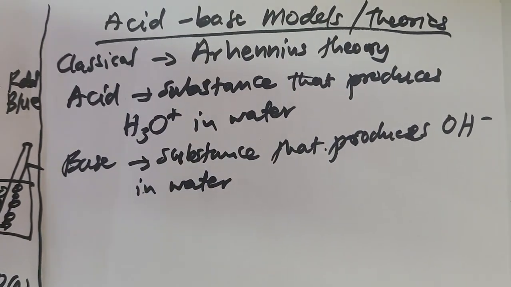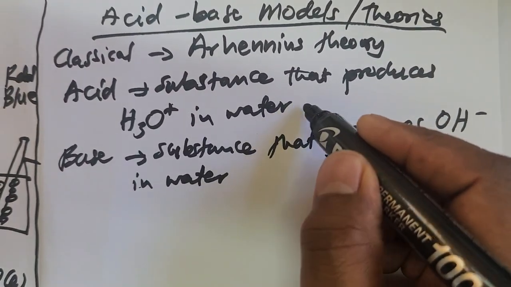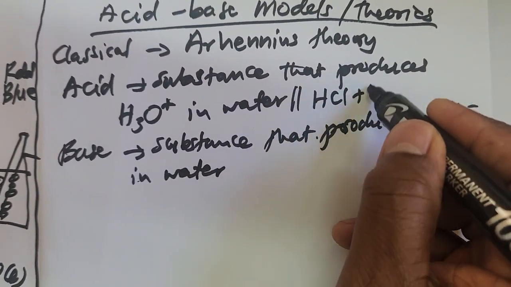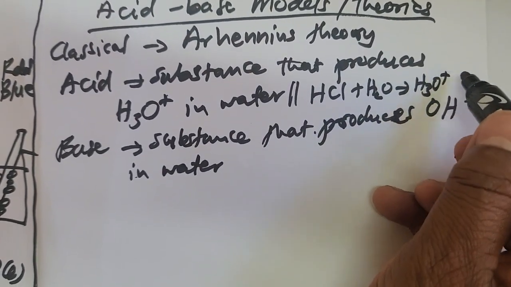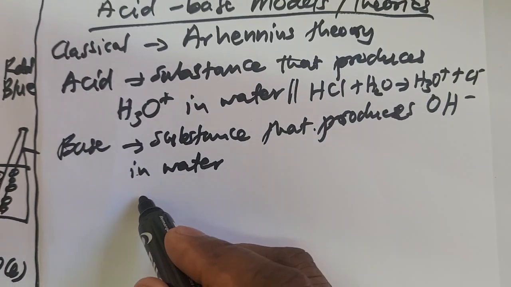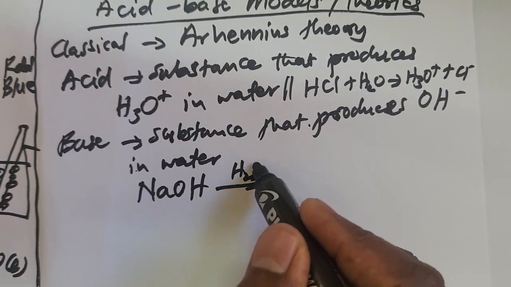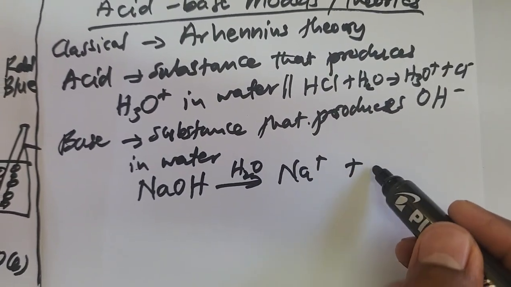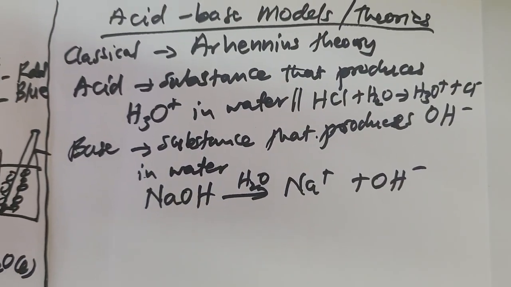Like in this case, HCl plus water forms hydronium ion plus Cl minus. I can also have sodium hydroxide: when it reacts with water, it will form sodium ion plus OH minus. So any substance that produces OH minus is a base.